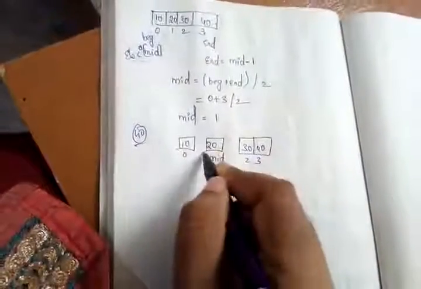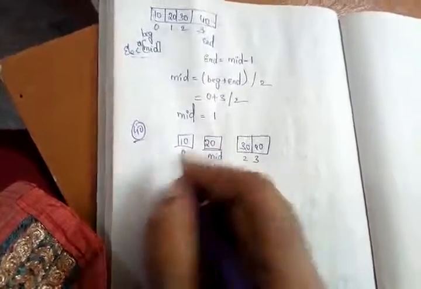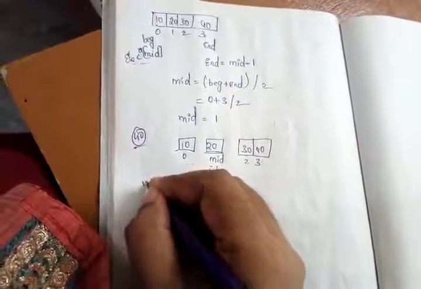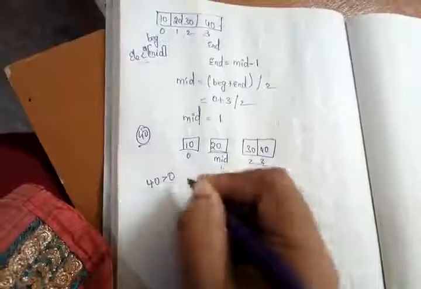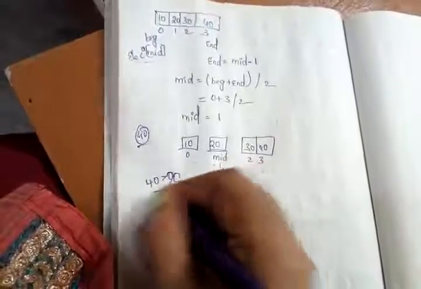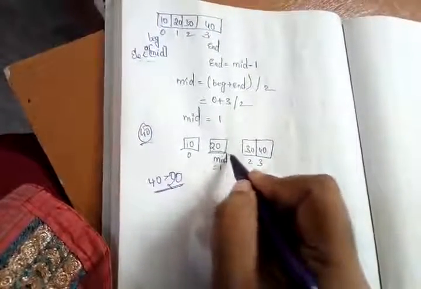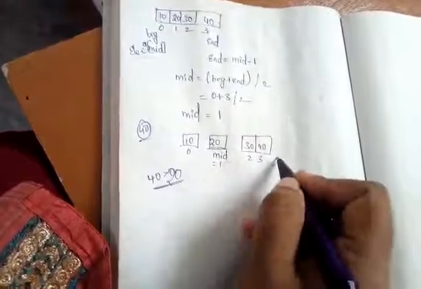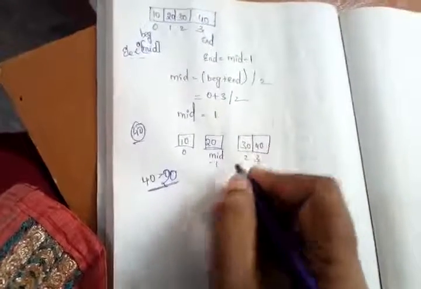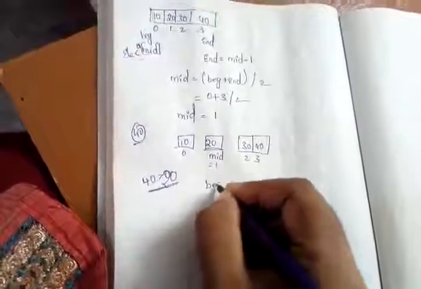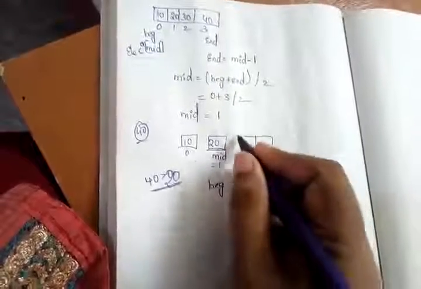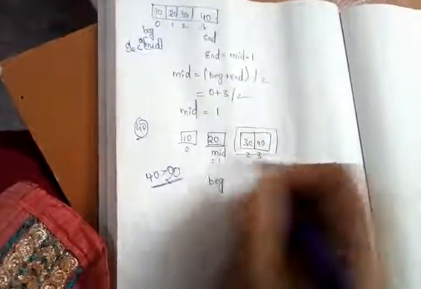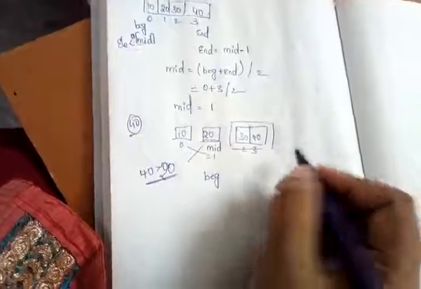Now if you see, when you compare it with the element 20, 40 is greater than 20, right? Greater than means it should be present in the array after the mid element. So now this half should be considered, and we'll omit these two values.